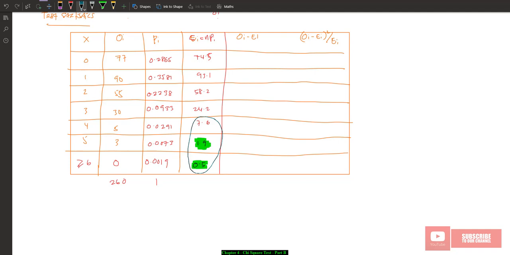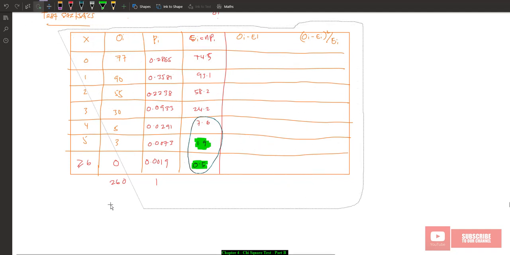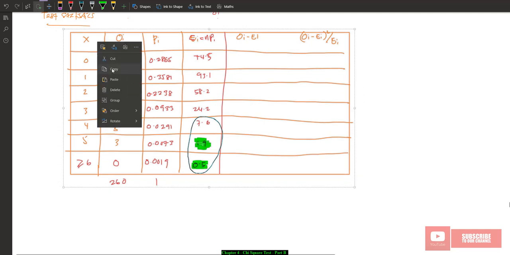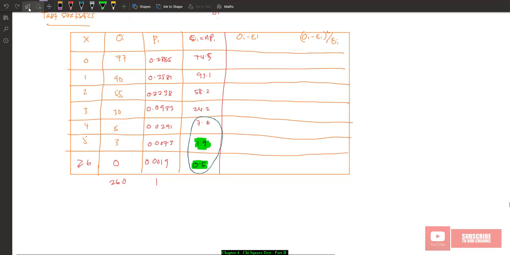So let me copy the table again. right? So let me paste here.